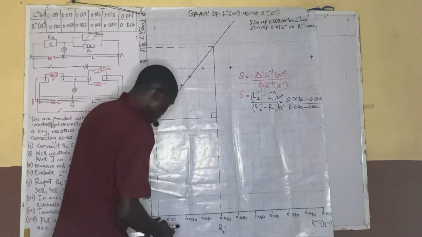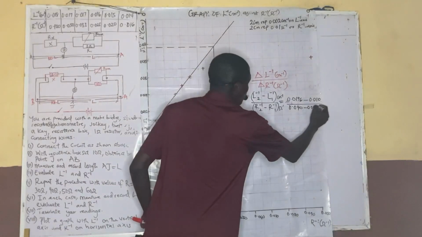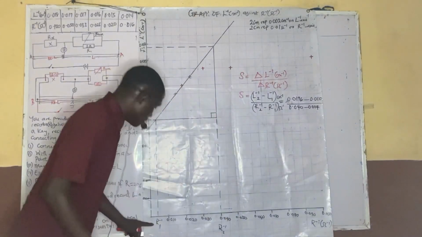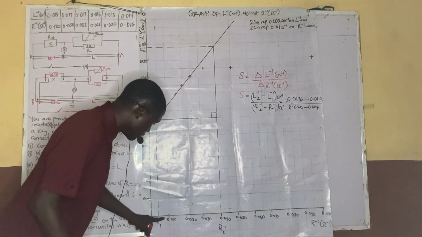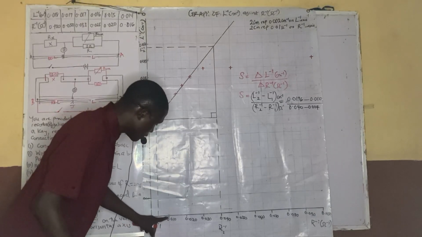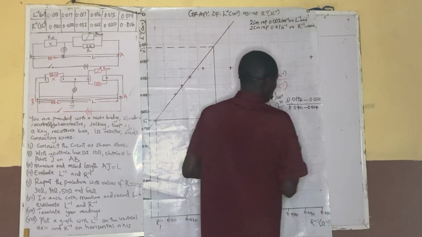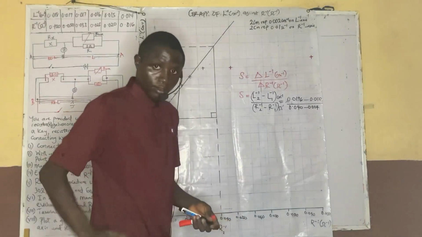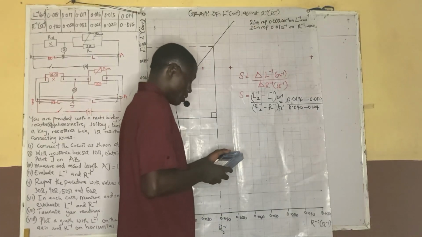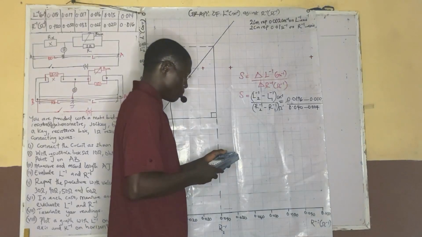Now look at it very well. So when you subtract this one, what do you get? 0.0196 minus 0.0110.